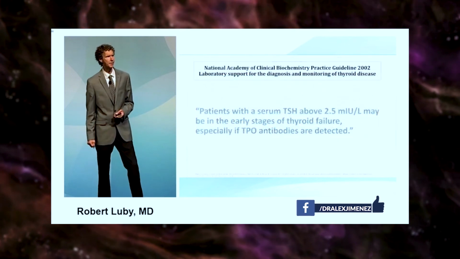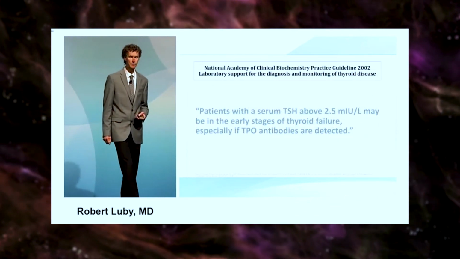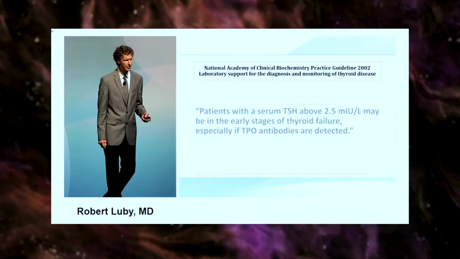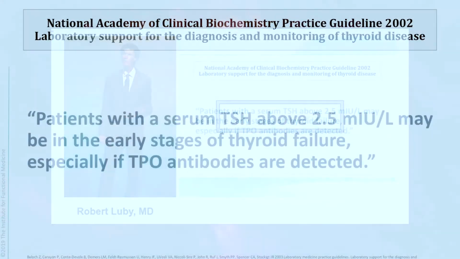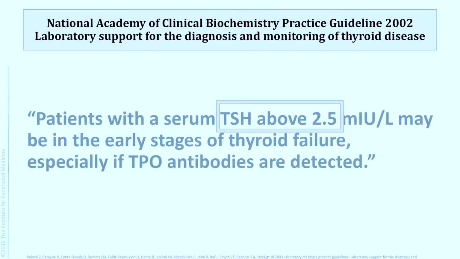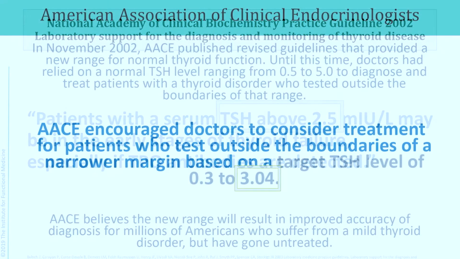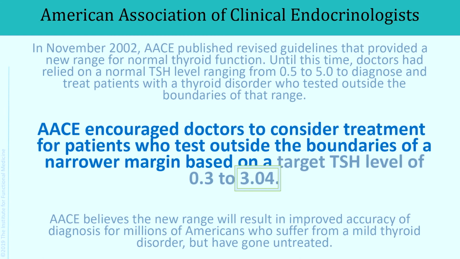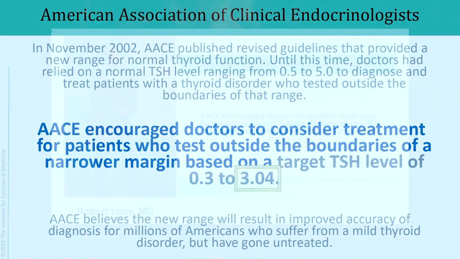The year before that, the American Academy of Clinical Biochemistry published laboratory guidelines that concluded you may be in early thyroid failure if your TSH is above 2.5. Same year, 2002, the AACE, one of the greatest specialty organizations in the endocrine field, concluded the TSH upper limit was 3.04.